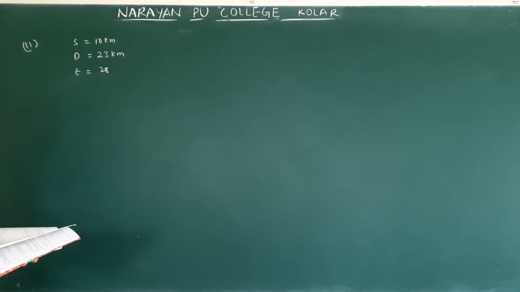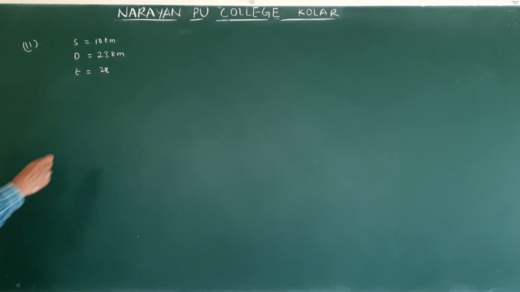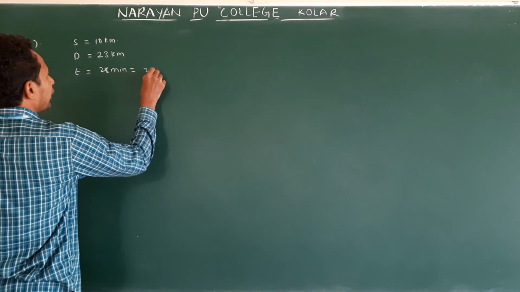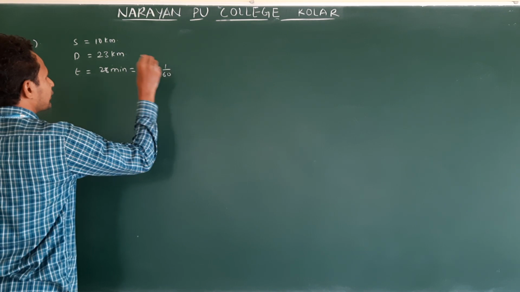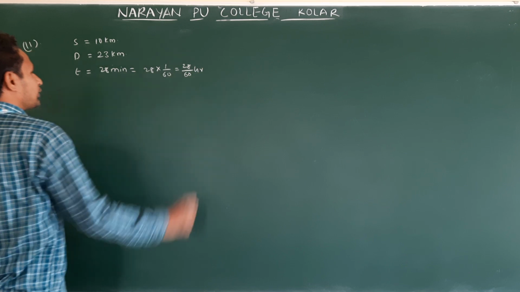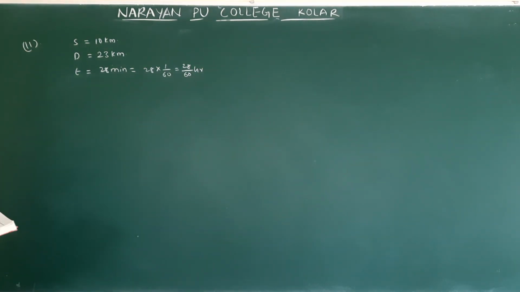We are doing question 11. We are given kilometers per hour, right? So 28 minutes. How to convert this into hours? 28 into 1 by 60 hours. So this is 28 by 60 hours. Clear now? They are asking the average speed of the taxi and the average velocity.